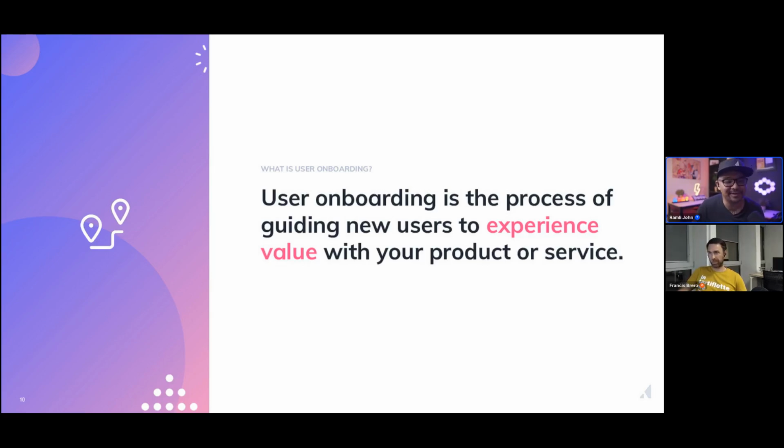And what they're talking about is they don't need product tours and things, which might be the case. But onboarding is actually the process of guiding new users to experience value with your product. So no matter what you think about it, users are being onboarded without you being intentional about it, and we want you to be intentional about it in this workshop that we're doing.